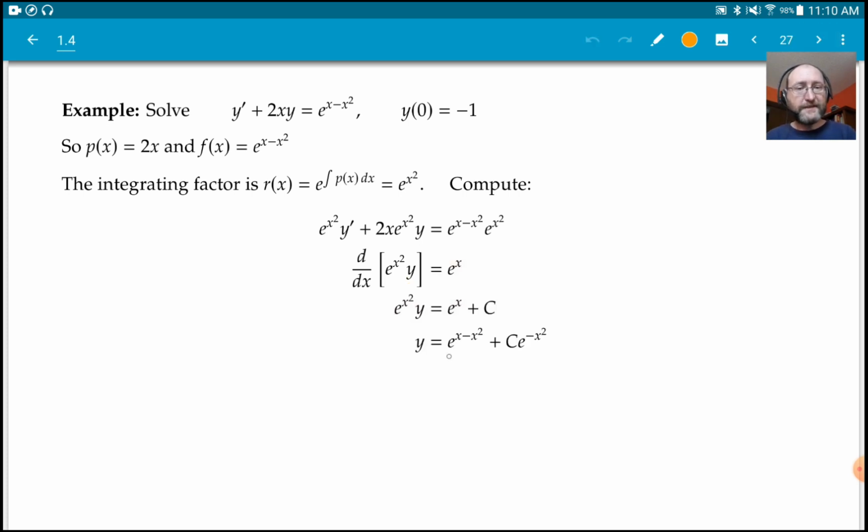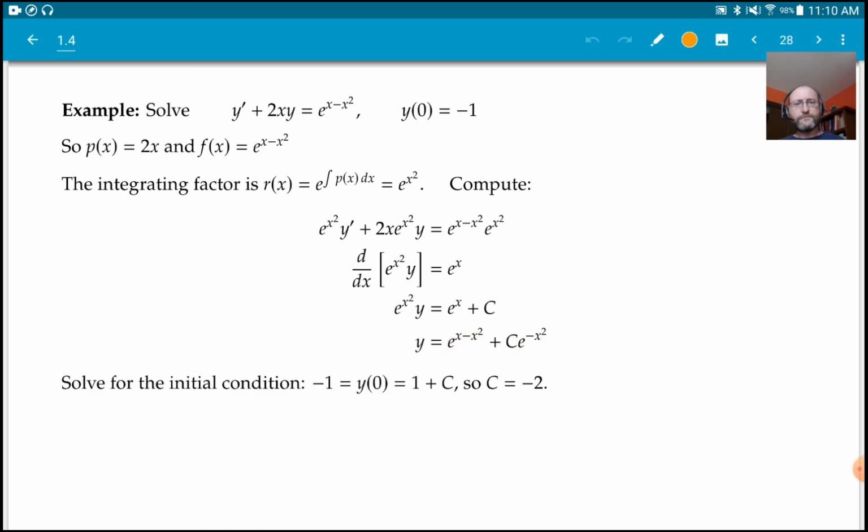and we solve for y. That's basically multiplying by e to the minus x squared, and we get this general solution to our equation. So now we solve for the initial condition. The initial condition was when x is 0.